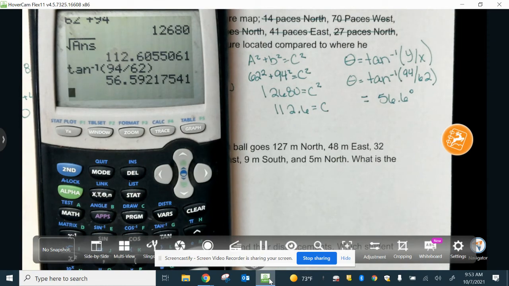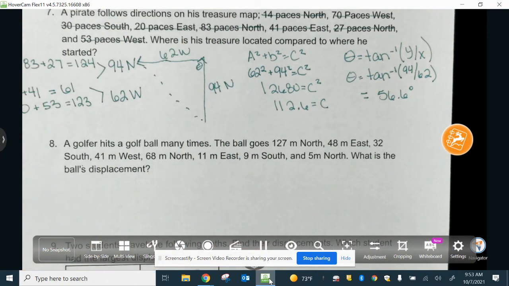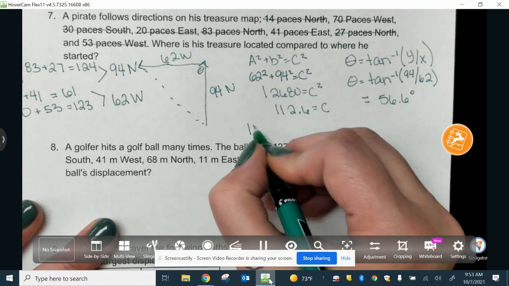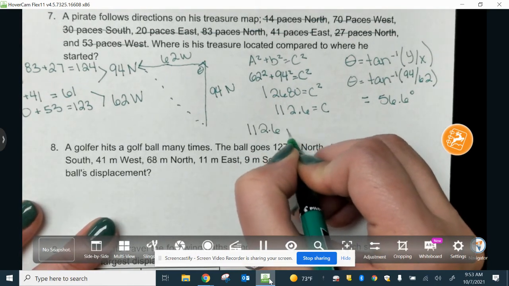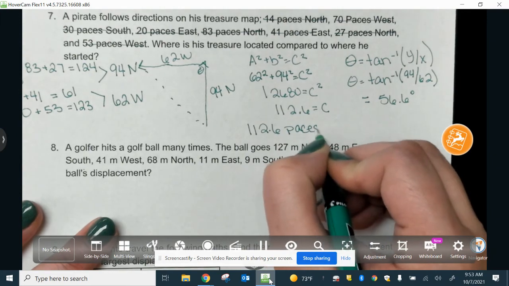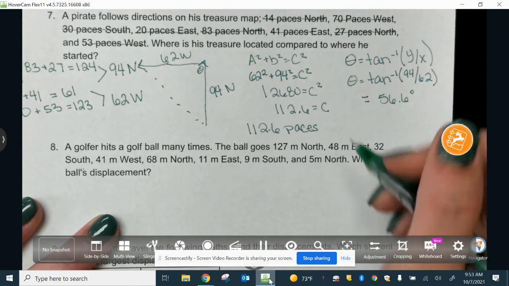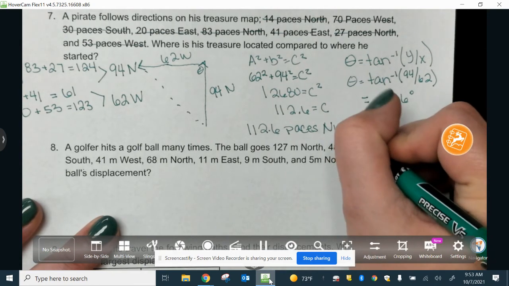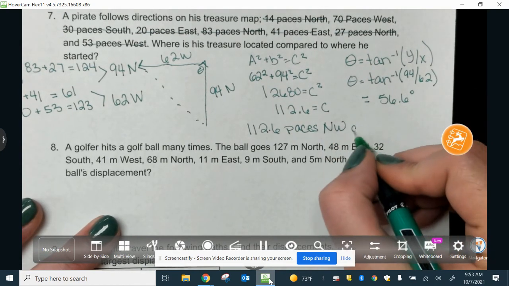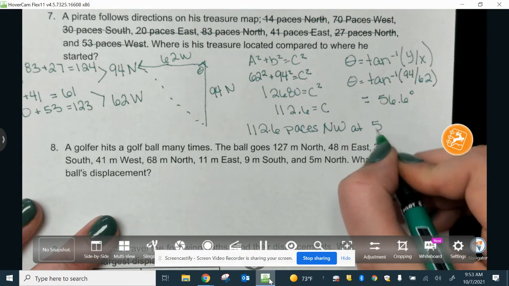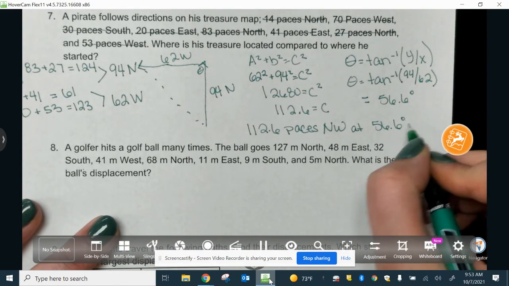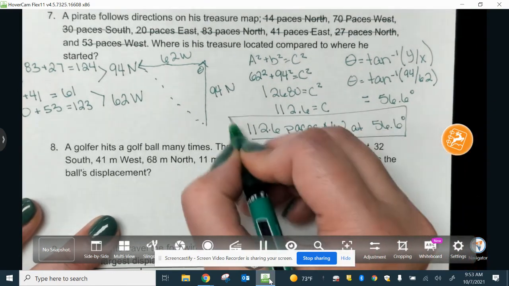Cool. So the pirate's displacement is 112.6 paces, because it's a pirate, he doesn't use meter sticks, he uses paces, northwest, at an angle of 56.6 degrees.